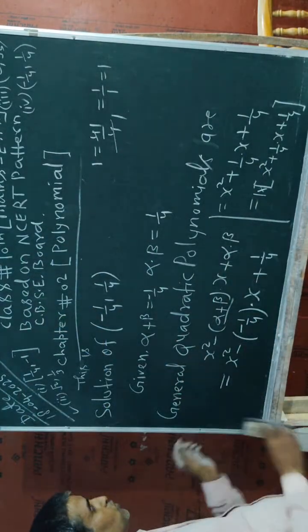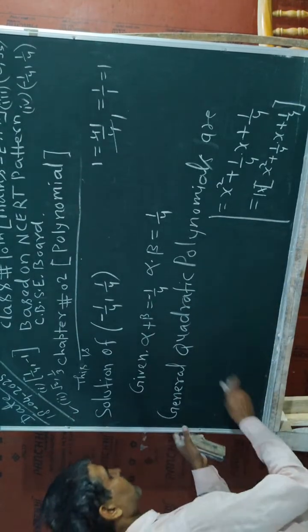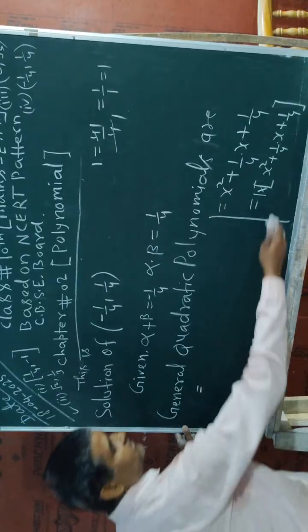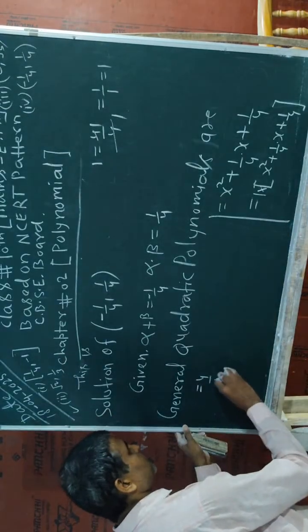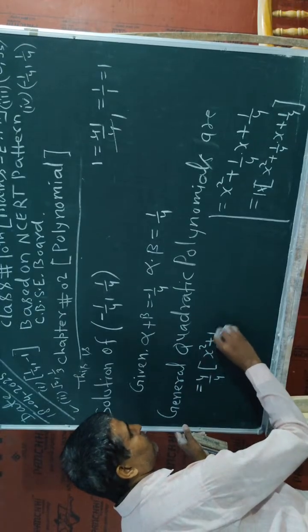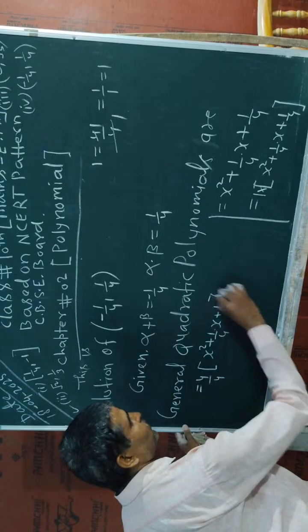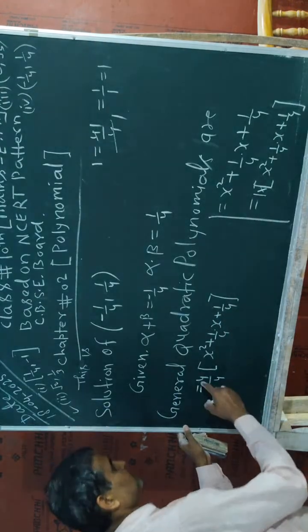Okay student, so this term I am going to erase. Here I will write further, after this 4 divided by 4, in the bracket I will write x square plus 1 divided by 4 into x plus 1 divided by 4. So again I am going to write this 4.